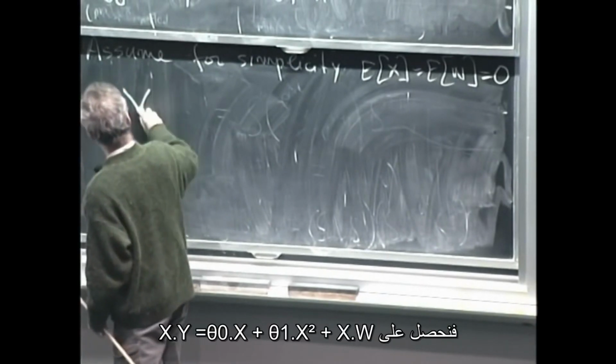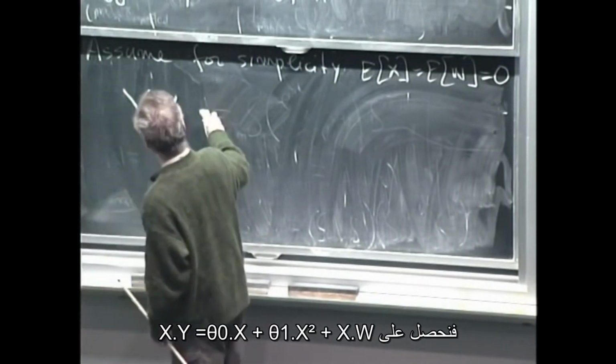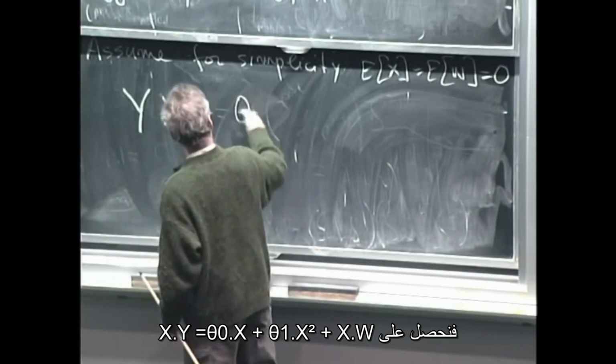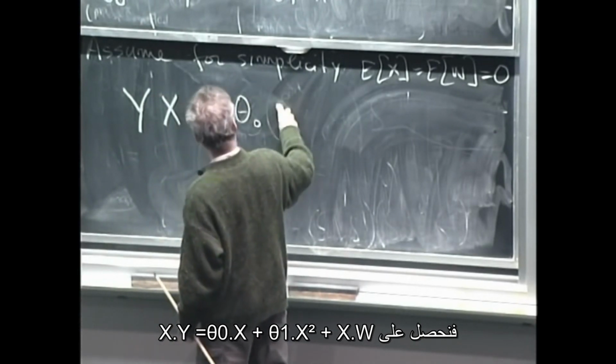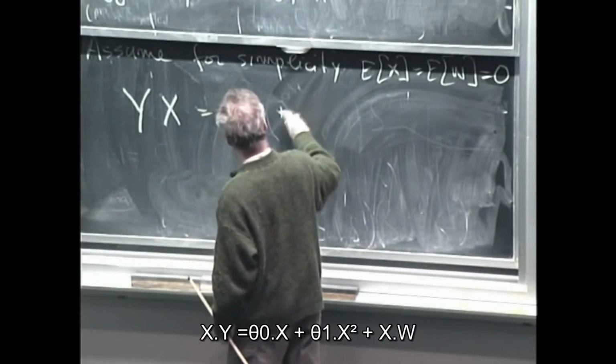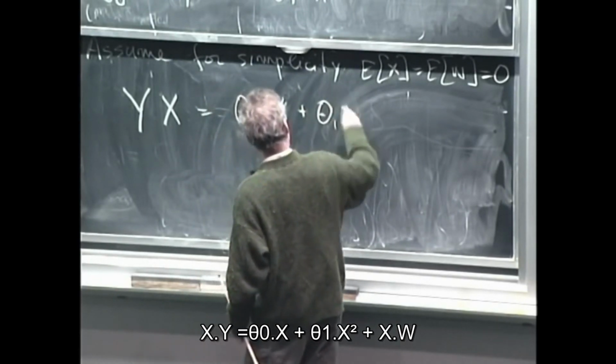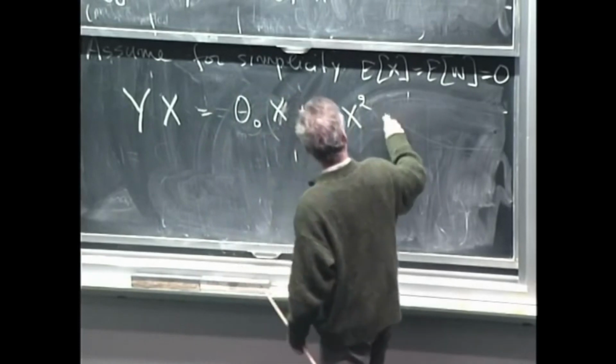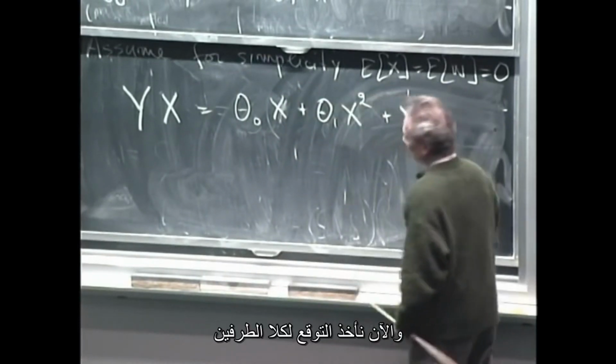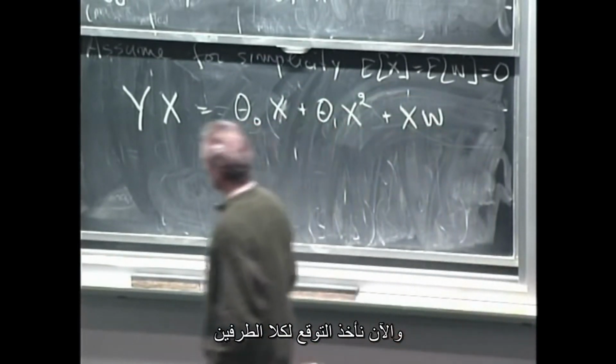Let's multiply both sides of this equation by x. So we get y times x equals theta 0 x plus theta 1 x squared plus x times w. And now take expectations of both sides.